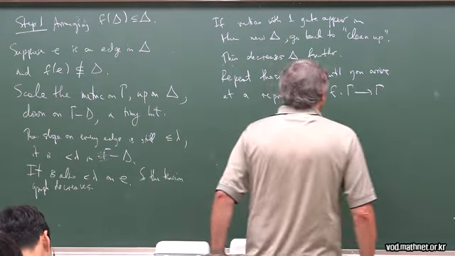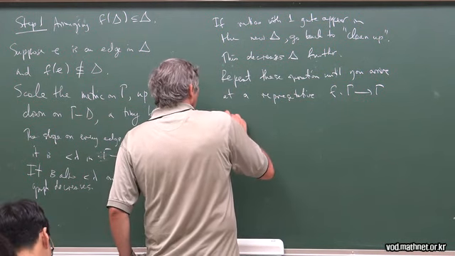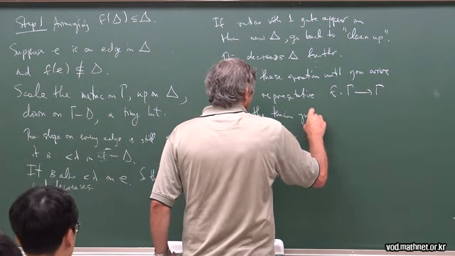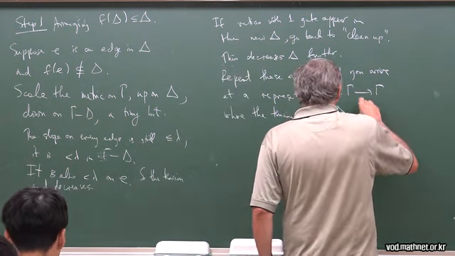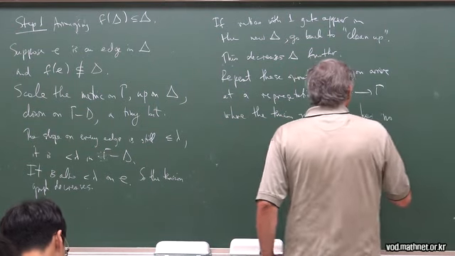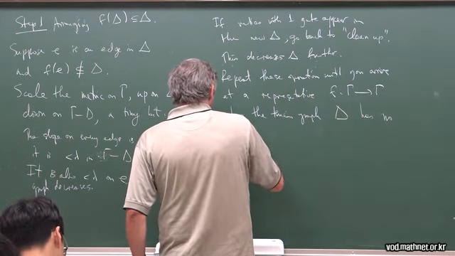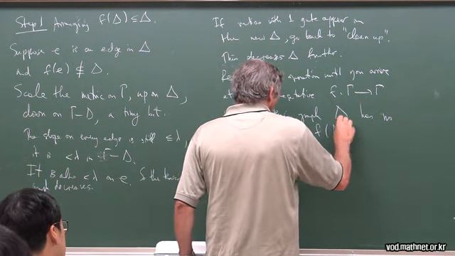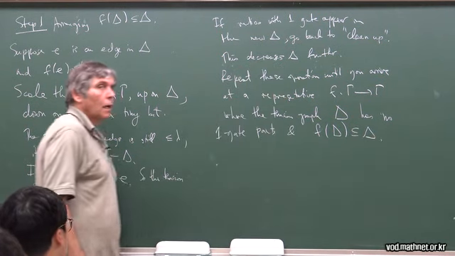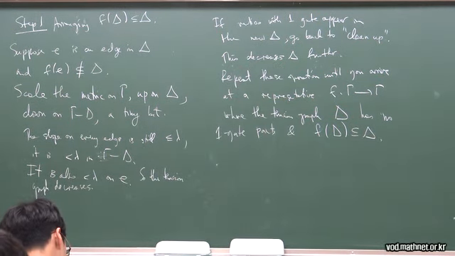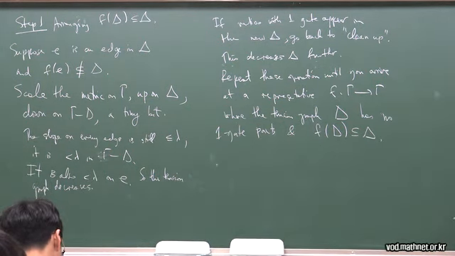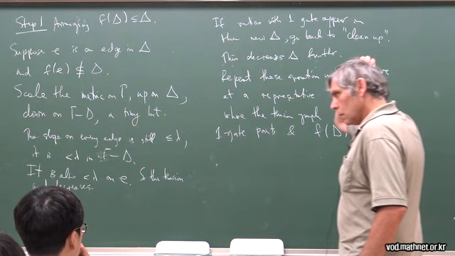Where the tension graph delta has no one gate points, and f of delta is contained in delta. Right. So the point is that if this doesn't hold, then you can perturb and get smaller delta. Okay. So the idea is to decrease delta as much as possible.